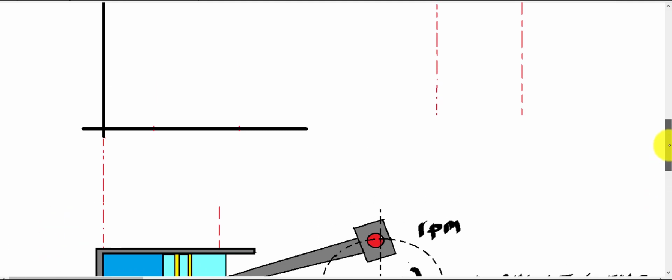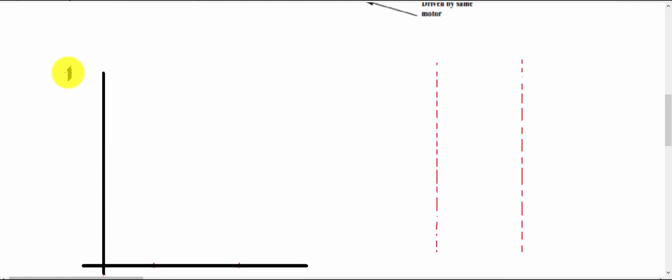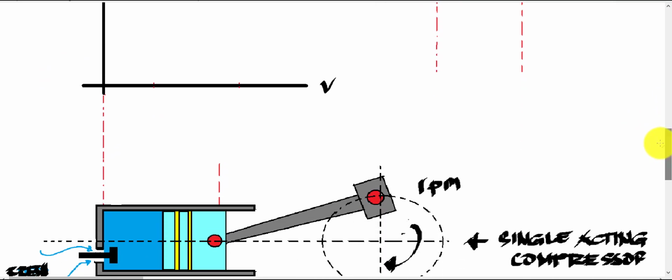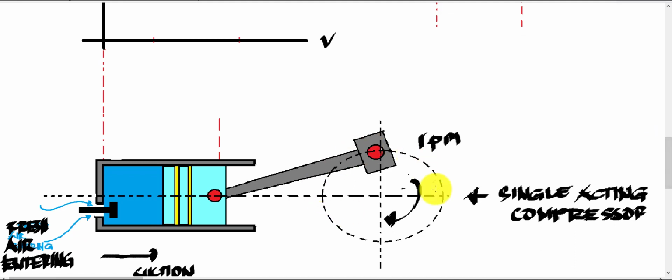Then we're going to plot that one in a PV diagram. Okay, so this is our PV diagram. So this is how it looks like. Now, as the connecting rod or the crankshaft continues to rotate, the piston achieves.